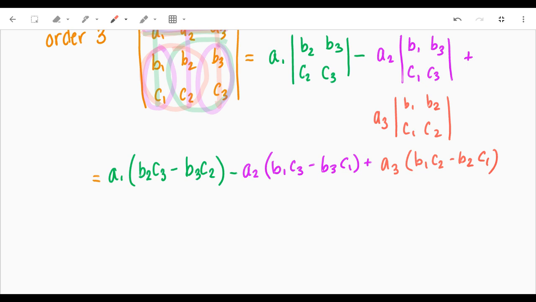And that is your order 3 determinant, which is basically how you do a cross product.